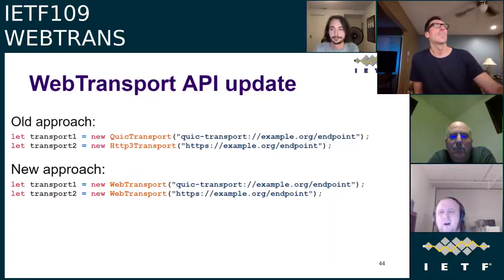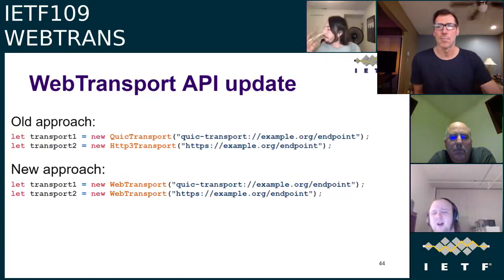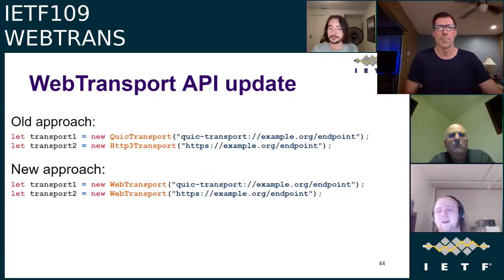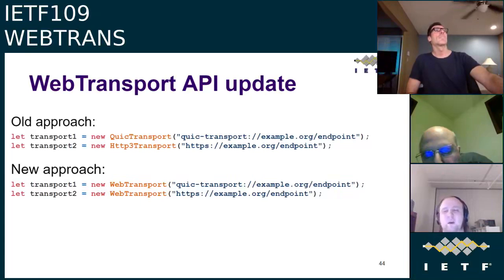So here is, however, some interesting details that happened on the API layer. One thing we did is we updated the API somewhere in September, and that's in the very latest versions of Chrome, where we noticed that there is a very silly redundancy. If you look at the old approach, you will notice that the choice of transport is indicated twice, once in the constructor name, once in the URL scheme. And of course, that's redundant, so we renamed the API entry point to WebTransport.